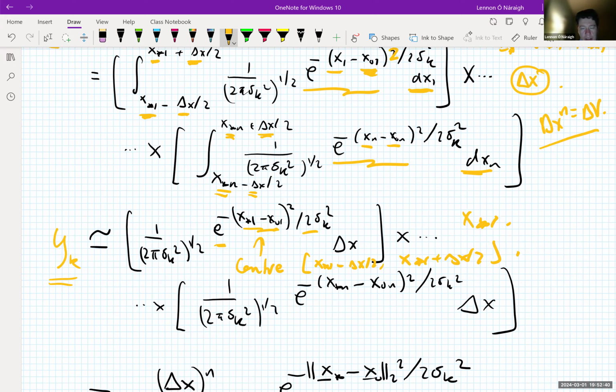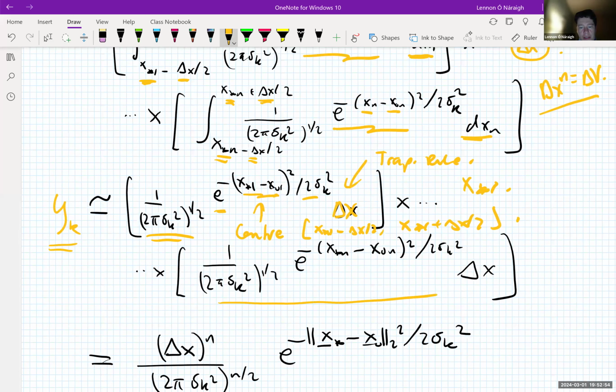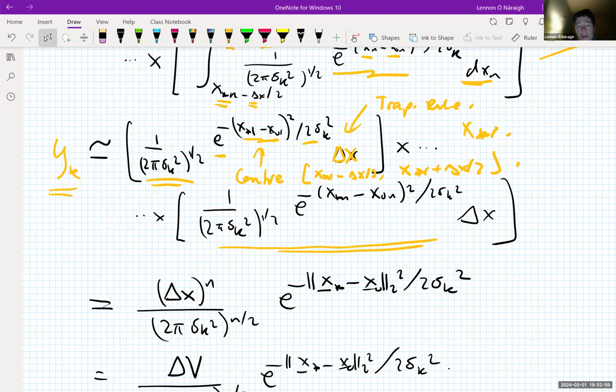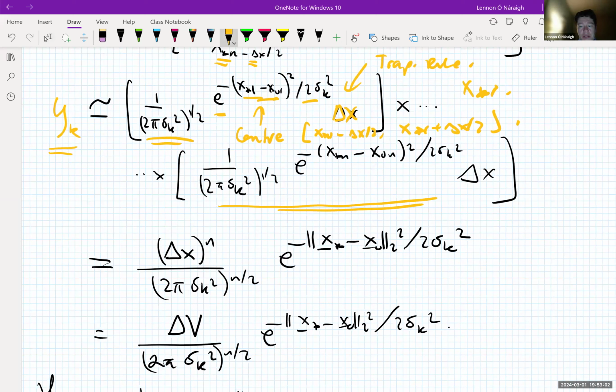Squared over 2 times the standard deviation squared times delta x, coming from the trapezoidal rule. And our normalization. And this is repeated n times, because there are n contributions to the integral. And I can then gather up all of those exponentials into a single exponential involving the L2 norm squared of x star minus x0. And I've got the delta x to the n in front because I have n copies of delta x. And I recognize that as delta V.